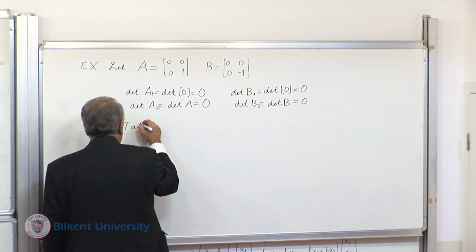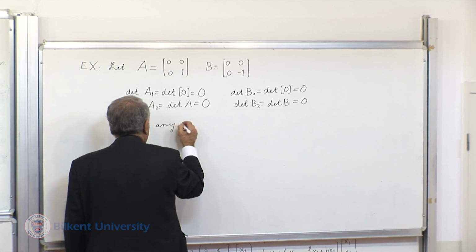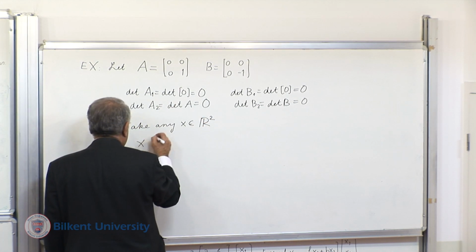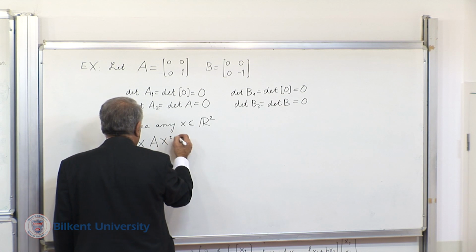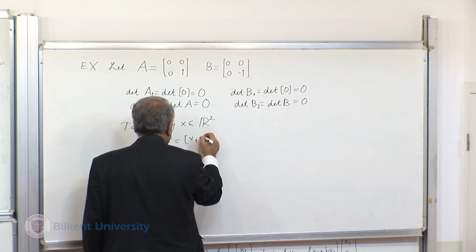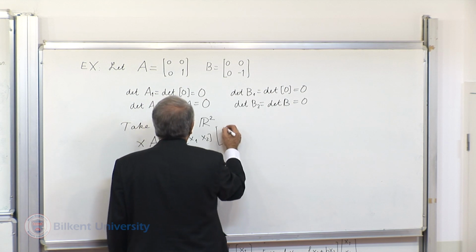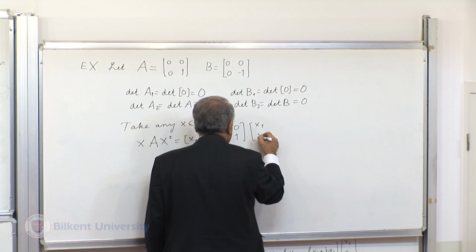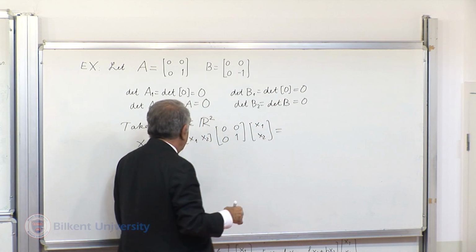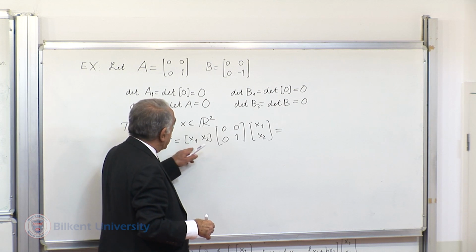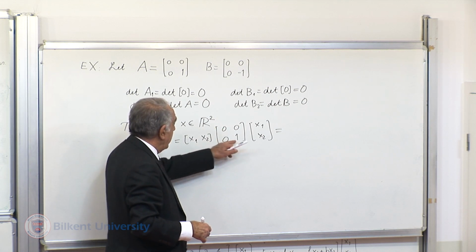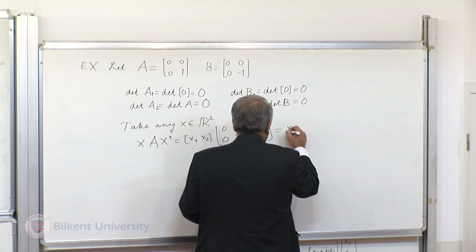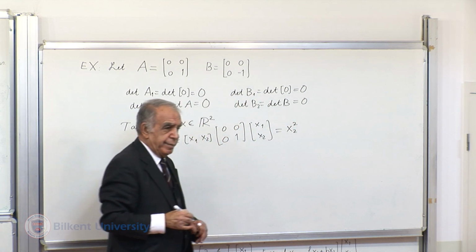Take any x in R2. Let's check x A x transpose. This will be x1, x2, then 0, 0, 0, 1, x1, x2. This will be the inner product of this with this, that's 0. This, that's x2, so 0 times x2 and then x2 times this is x2 squared.